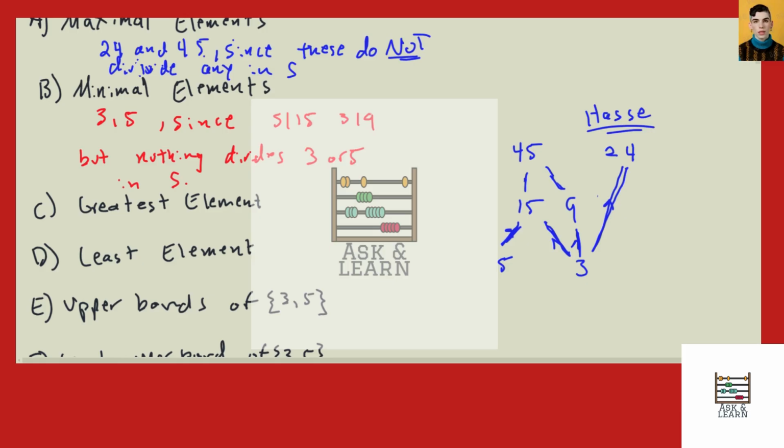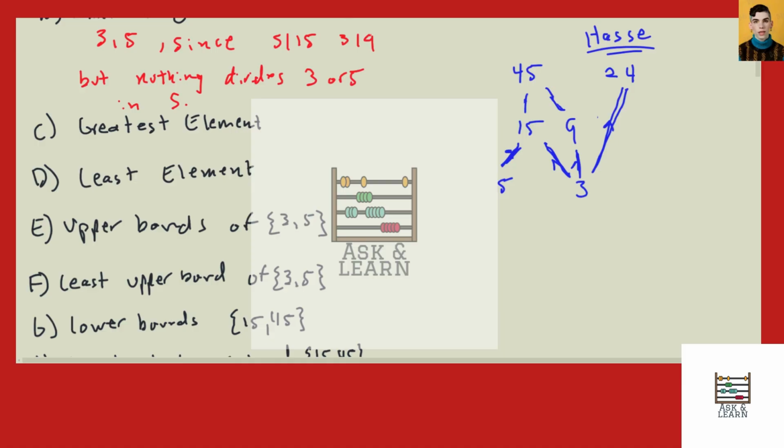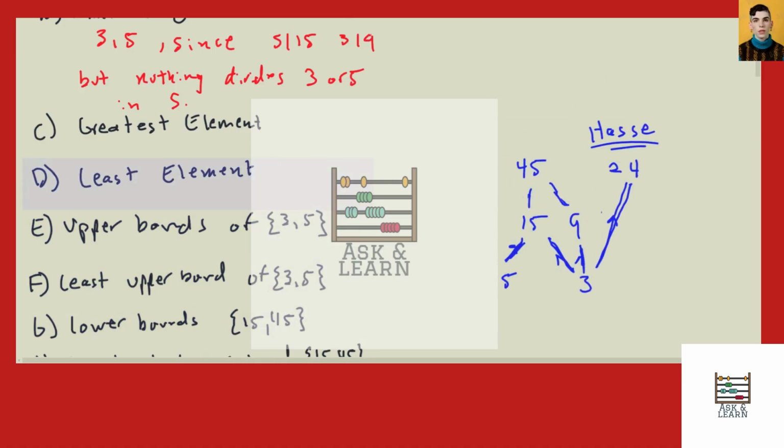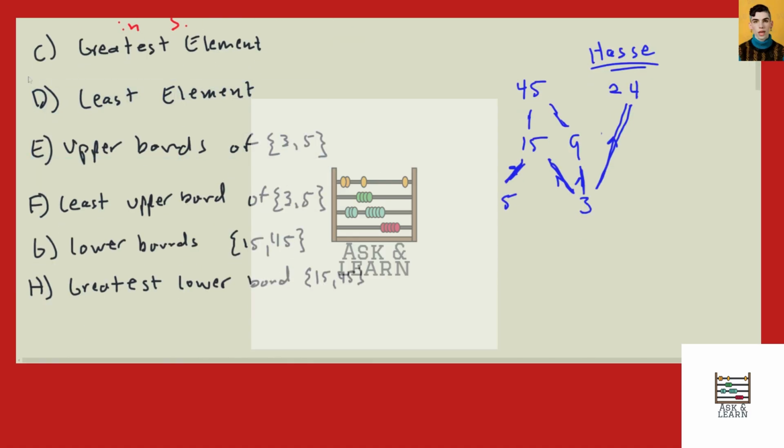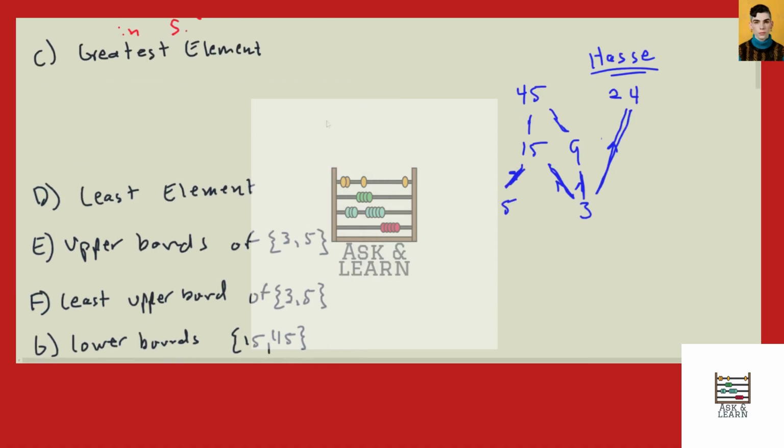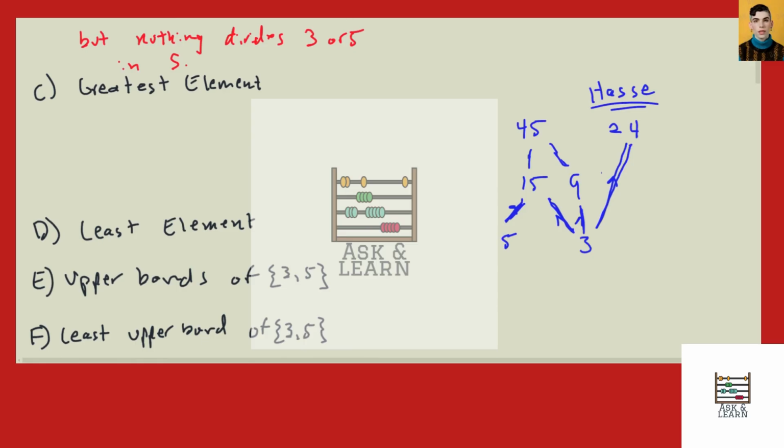Now we want to see if we have a greatest element. A greatest element in this case would mean it's at the very top, above everything in the Hasse diagram. In this case, we're not going to have a greatest element, since we have two elements that don't divide anything.